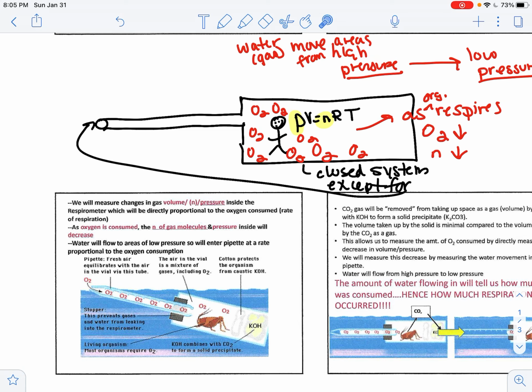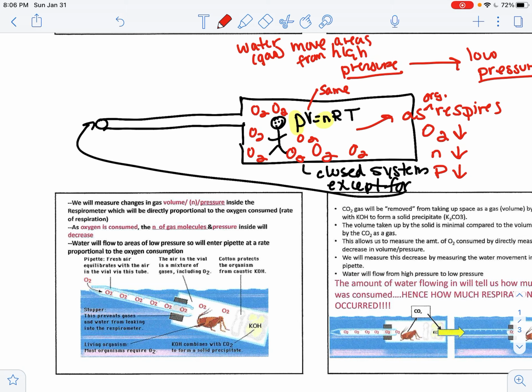We're keeping the volume the same because it's in this fixed kind of space with a fixed amount of volume. R is the same, it's just a gas constant. And we're trying to keep the temperature the same. You'll notice this is in a water bath that we're going to try to keep it the same as the experiment goes. So as N decreases, what that means is that the pressure in here is going to decrease, okay?